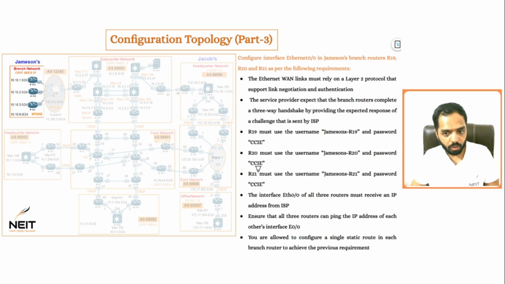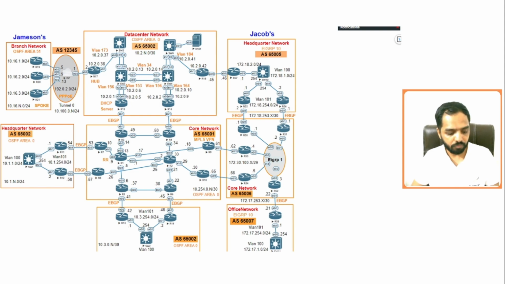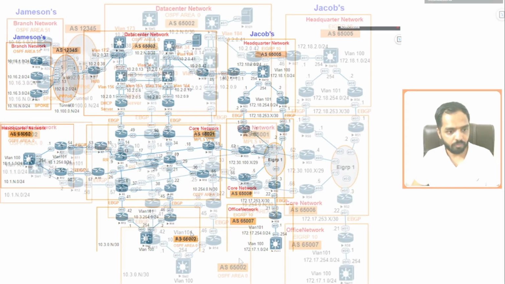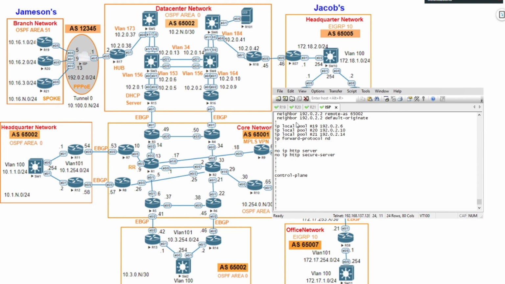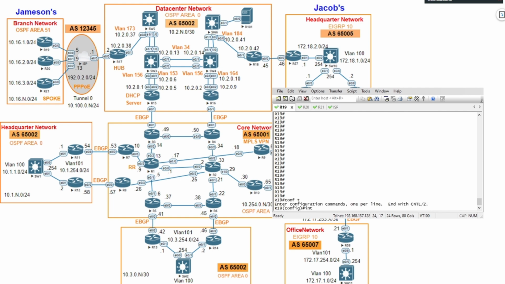So we have to configure PPPoE on routers 19, 20 and 21. Let's start with router 19.